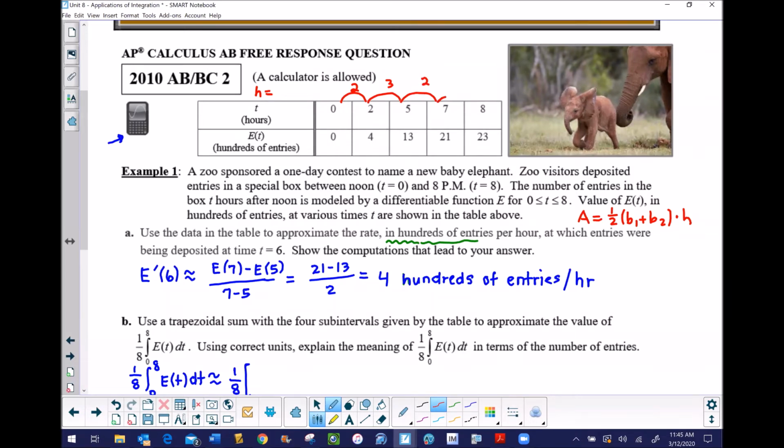It's kind of all over the place, right? So along the t-axis is the height of your trapezoid, and then the vertical axis, which would be the E-axis in this case, we would have these vertical segments, if you can picture what the graph might look like, that go up to 0 and they go up to 4 and 13, etc. So the pairs of those serve as your base 1 and base 2.